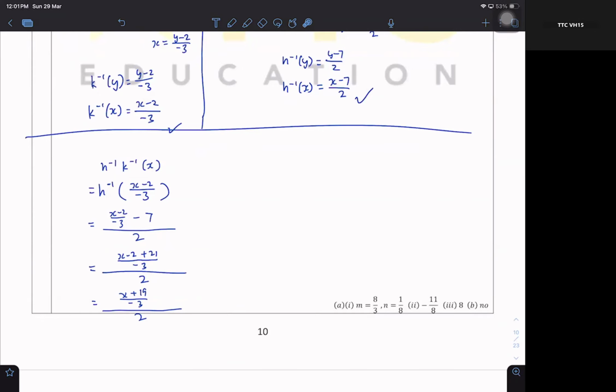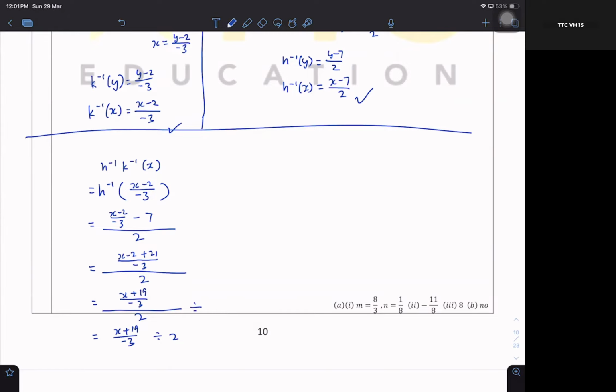Okay, then do you know how to solve this one? It's like this. x plus 19 over negative 3, divide 2. Just remember that the longest line is divide.